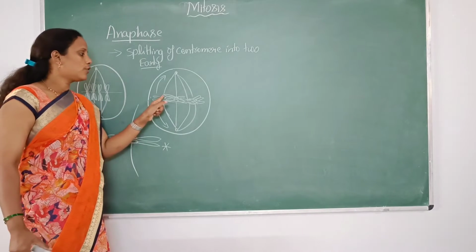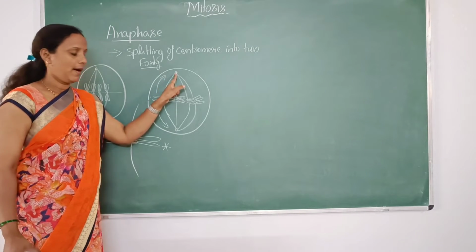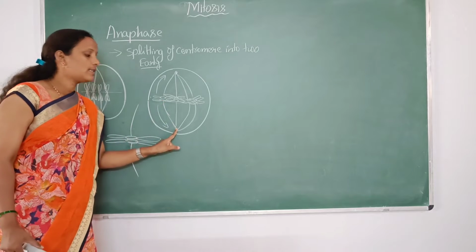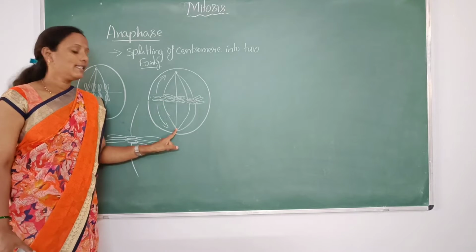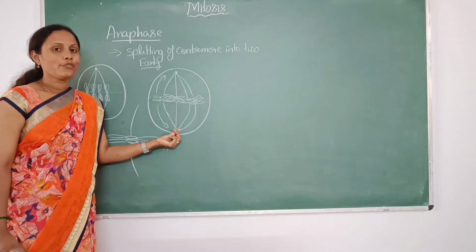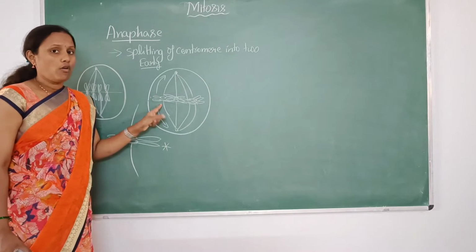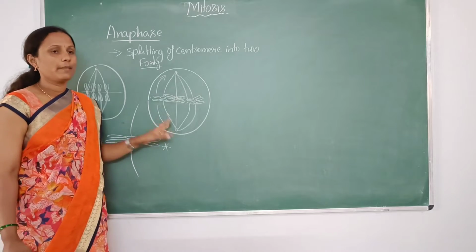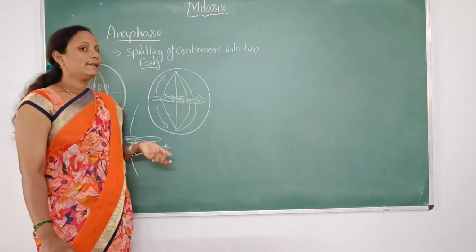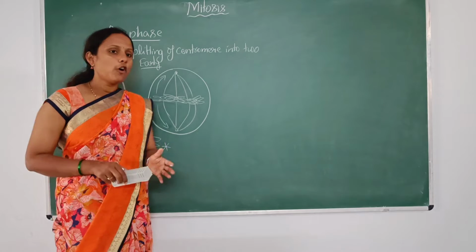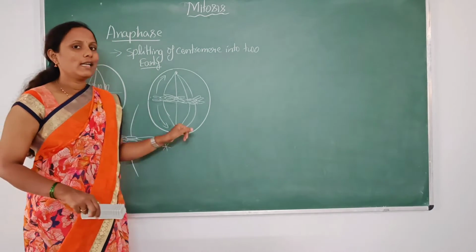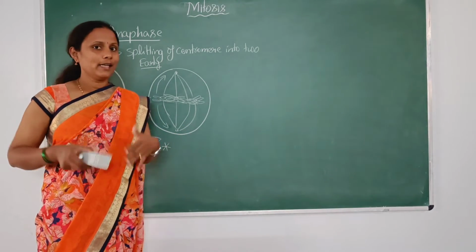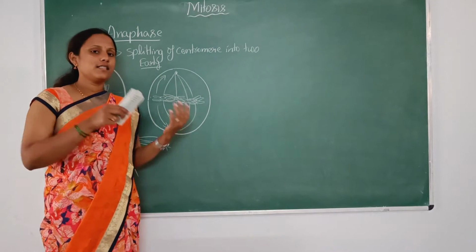That means this centromere will start moving in this path, and this centromere has started moving to its centriole. So this is because of the contraction action of the spindle fiber. Actually, the exact reason for this movement is not clear till today, but there are various theories.